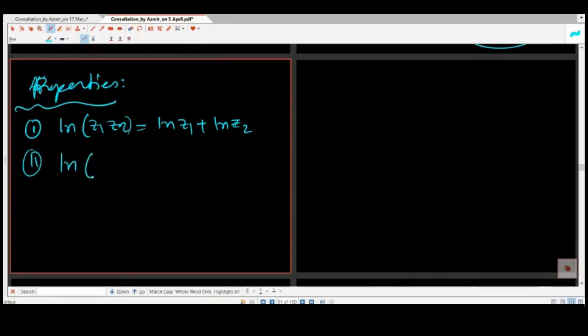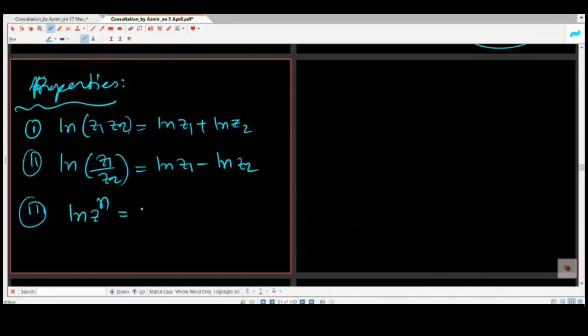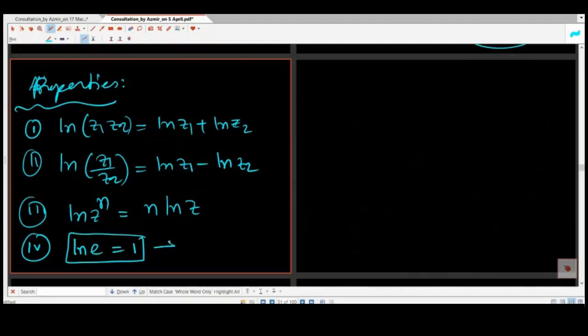If we have log of z1 by z2, then we can write log of z1 minus log of z2. If we have log of z to the n, then we can write n log of z. We also know that log of e equals 1, where this log of e is defining the real logarithm.